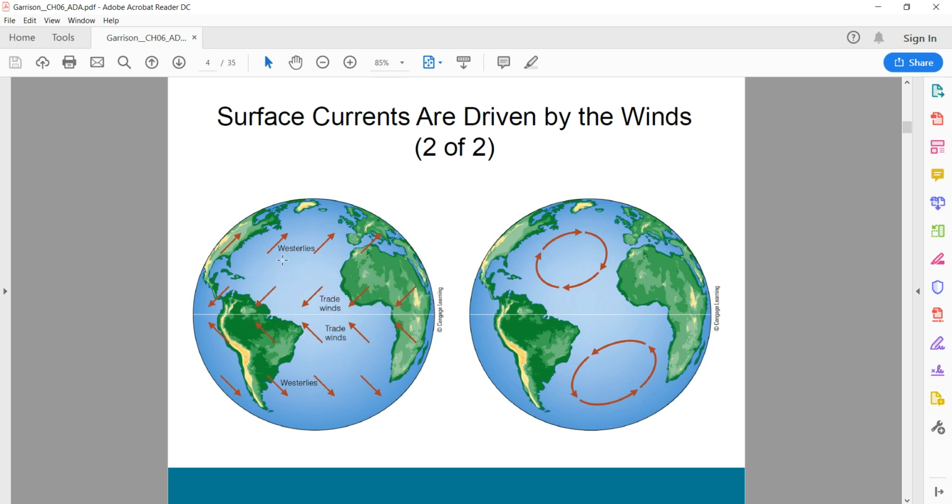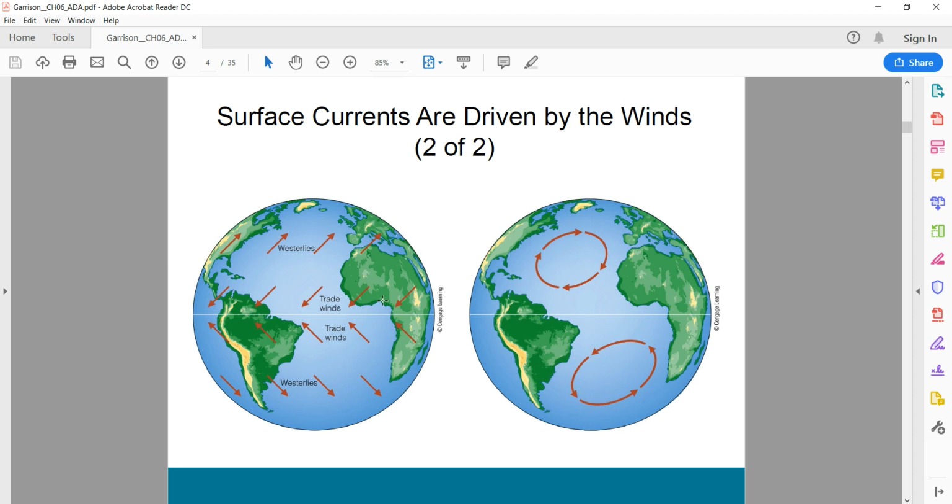Westerly winds are relatively much stronger compared to the easterly winds. If you look at the southern hemisphere, it is exactly opposite. The easterly winds are moving left, the westerly winds are moving right, and the reason is the Coriolis effect. You might remember that the Coriolis effect makes things in the northern hemisphere move a little bit to the right, and in the southern hemisphere it makes wind move to the left.